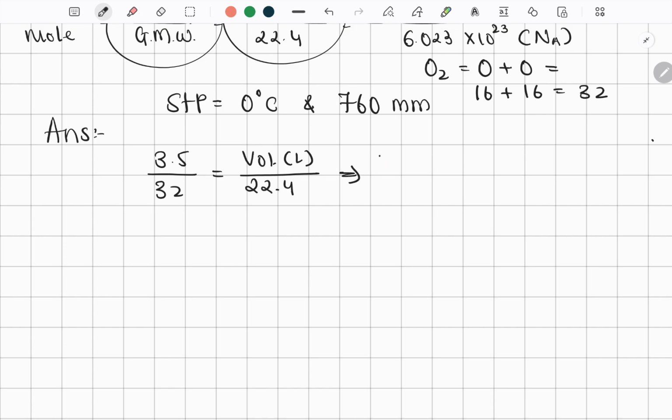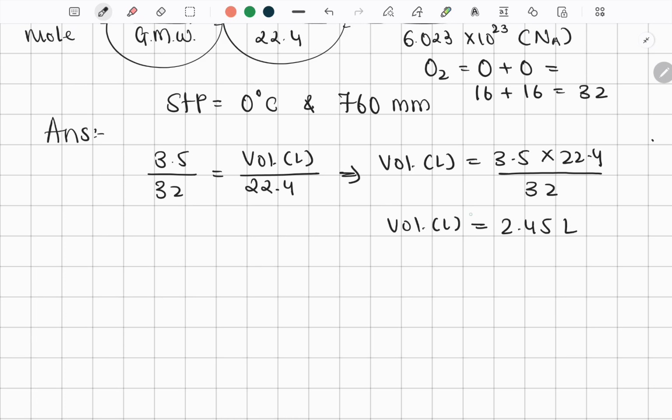When you solve this fraction, volume in liter at STP is equal to 3.5 into 22.4 divided by 32. When you solve this part, you get 2.45 liter at STP. So volume in liter at STP is gonna be 2.45.